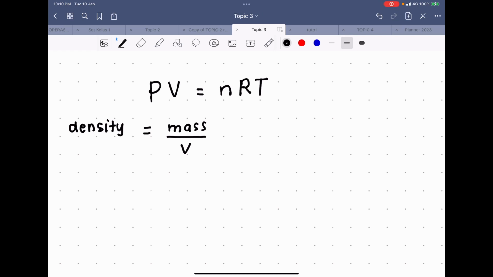First I want you to recall how we can calculate mole. Mole equals mass over molar mass, or in this case we use n. So n equals mass over molar mass.